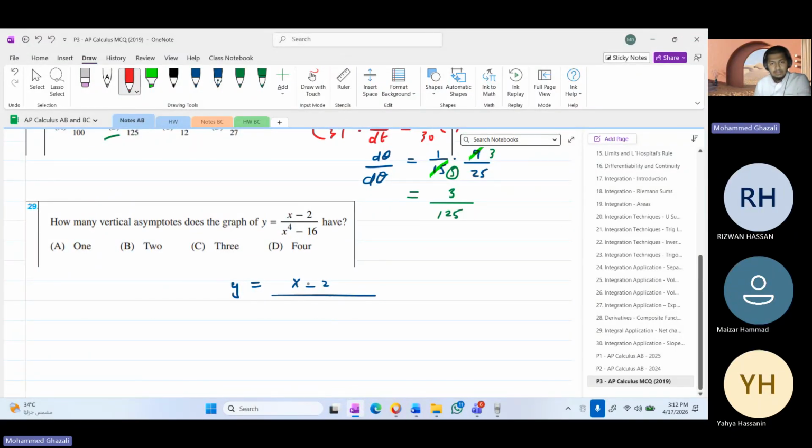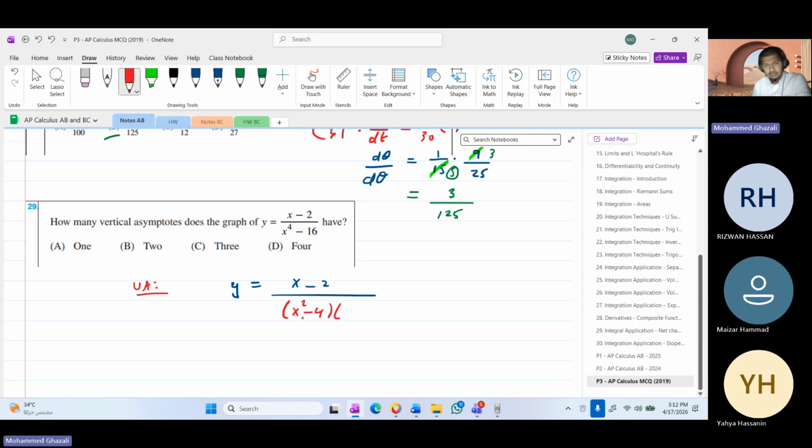x minus 2. A vertical asymptote occurs where the denominator equals 0, right? So let's see, x to the power 4. The number of values that make the denominator 0, is it just 4, because it's a 4th degree equation?